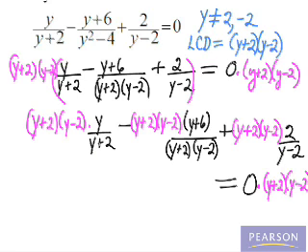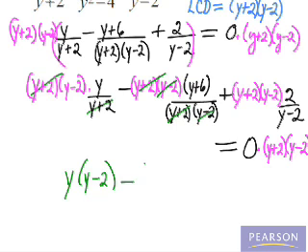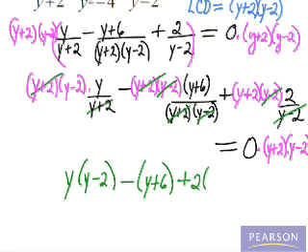Dividing out the common factors, we get y times y minus 2 minus y plus 6 plus 2 times y plus 2 equals 0.